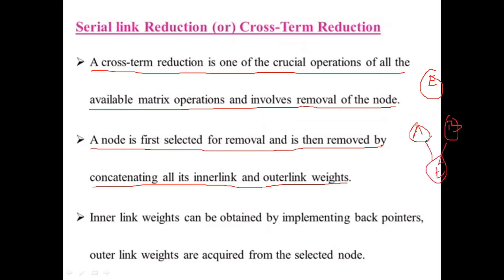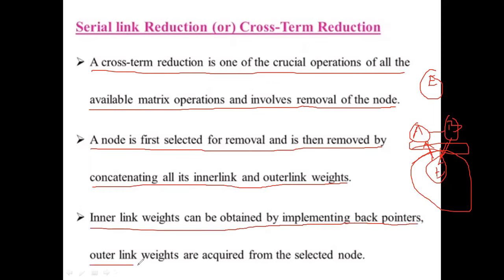This is A and this is the inlink. Now you are going to delete this E. If you select E to remove, then concatenate all the inlinks and outlinks. This is the inner link, this is the outer link. Now you concatenate these links. Inlink weights can be obtained by implementing back pointers. Outlink weights are acquired from the selected node.